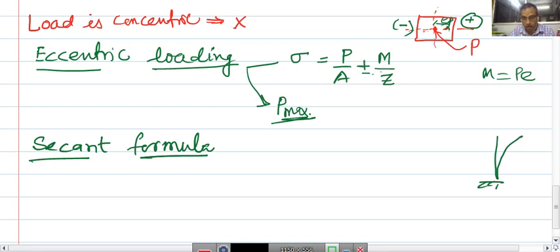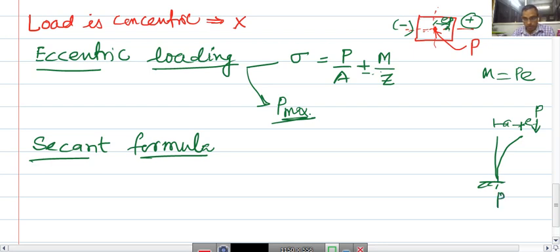The load is here with eccentricity e, the column buckles a distance of a, so a plus e is the total distance, and P into (a plus e) is the total maximum moment here.